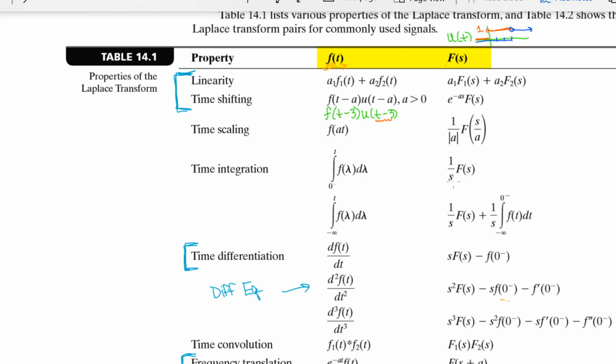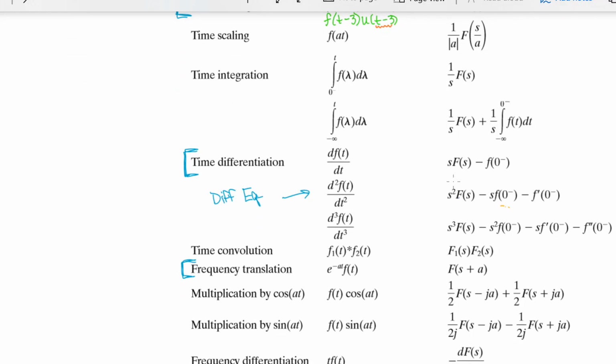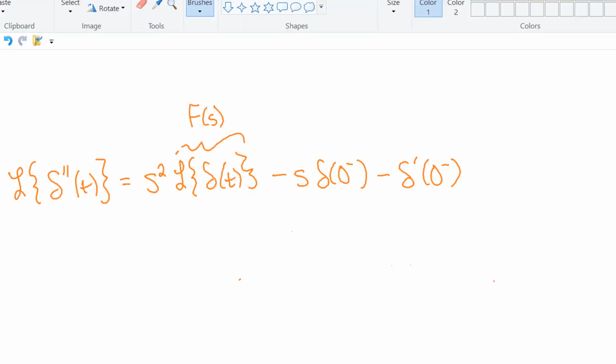Here's the original function and its Laplace transform corresponding to this f. So when they're taking the Laplace transform of the second derivative of some little f, they get s squared, the Laplace transform of the original, minus s times f of the original function at 0 minus, minus the derivative at 0 minus. So that's what I'm doing here.